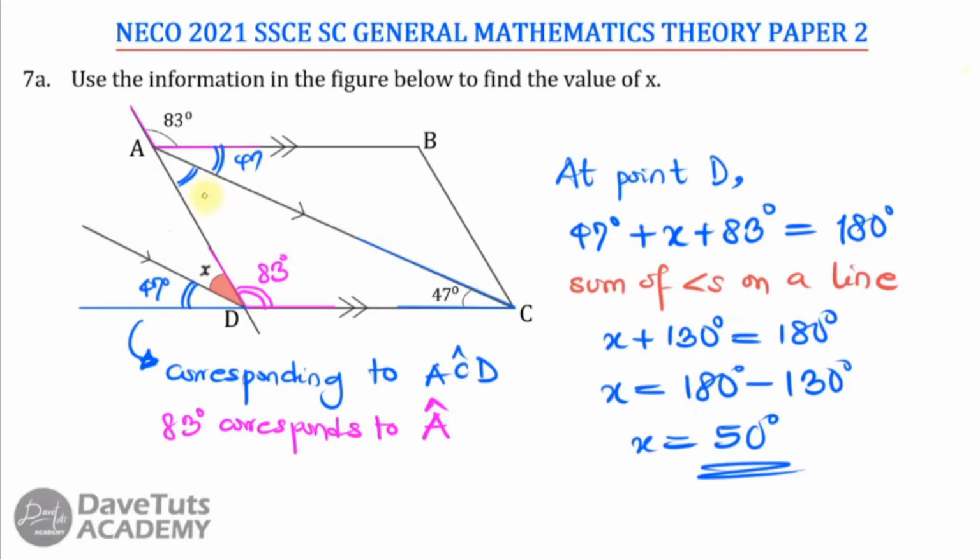So here, this will also be x. In this case, x here and x here, they are alternate angles. And 47 here and 47 here, and you still see that 83 plus 47 plus x, they will still give you 180, and you still arrive at x as 50. So whichever method you think is suitable for you, you can use to solve this question, but you eventually get that x is nothing but 50 degrees.